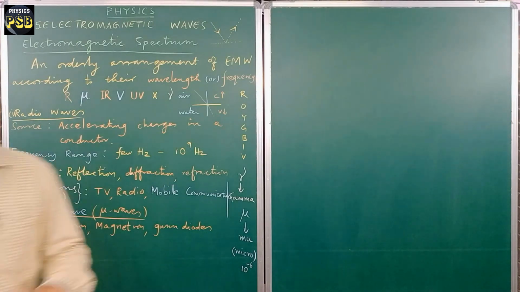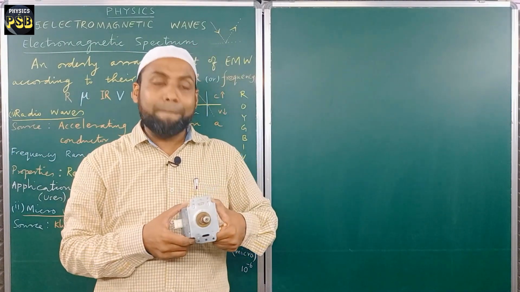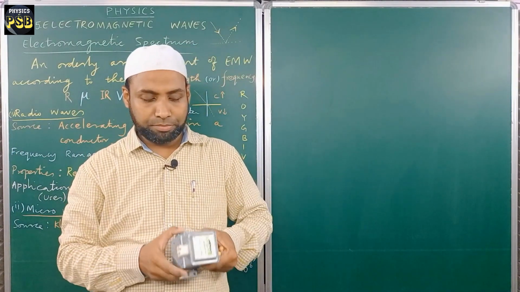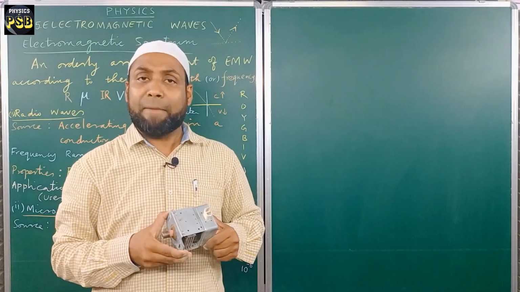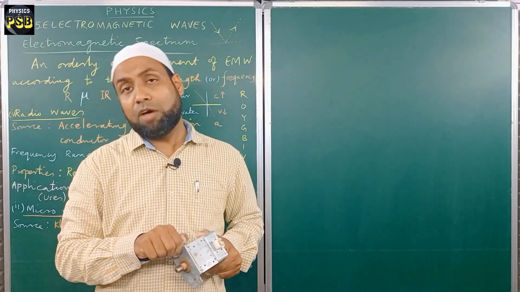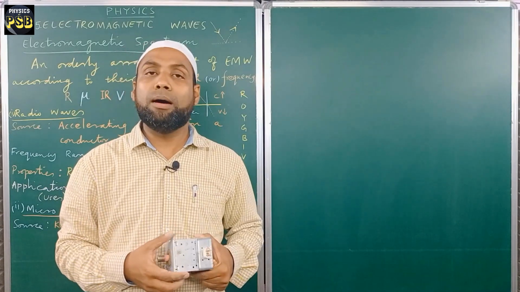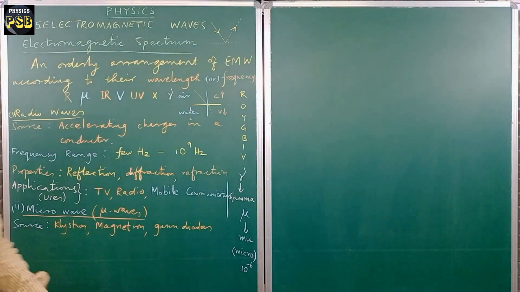Let me show it to you. The device that I am holding in my hand is nothing but a magnetron. It is removed from an old microwave oven. It is the source of microwaves in a microwave oven. So these are some of the sources of microwaves.